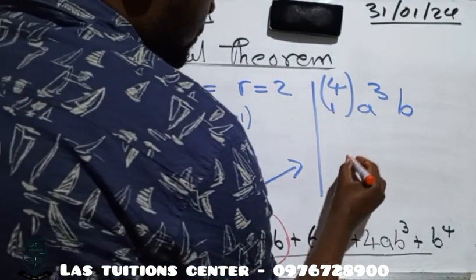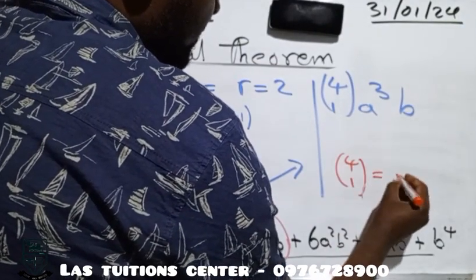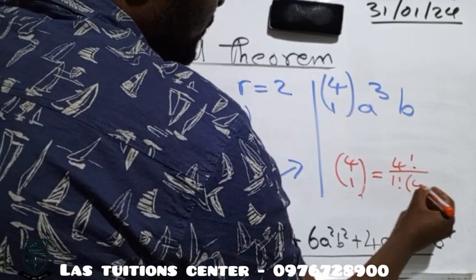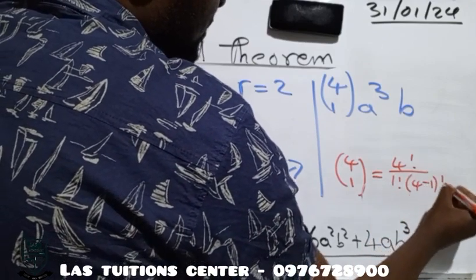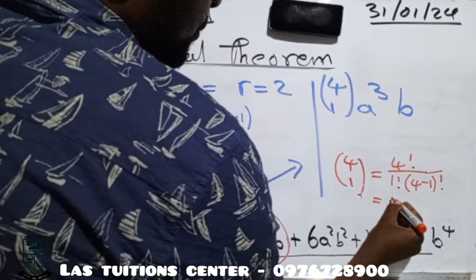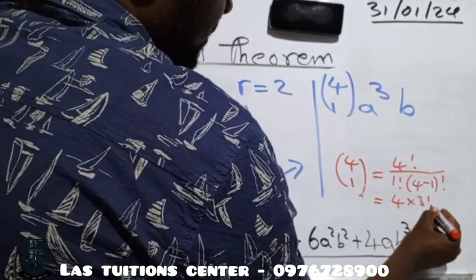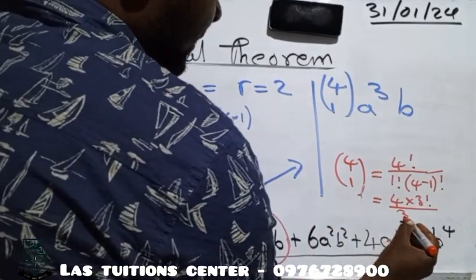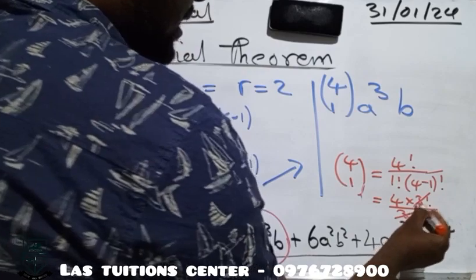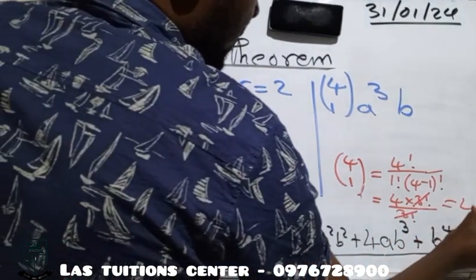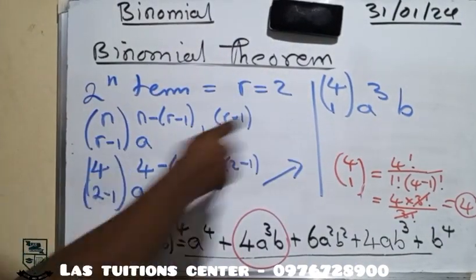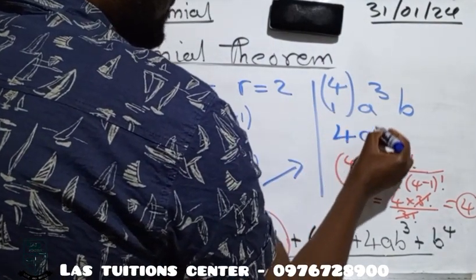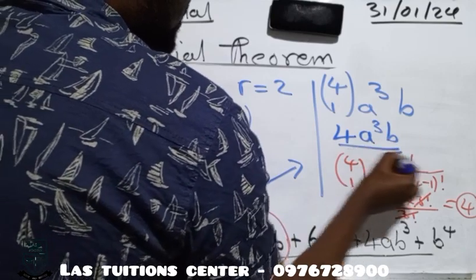That is 4 factorial over 1 factorial times 4 minus 1 factorial, which is 4 times 3 factorial over 3 factorial. The 3 factorials cancel, and we remain with 4. So this is 4a to the power 3 b. This is the second term.